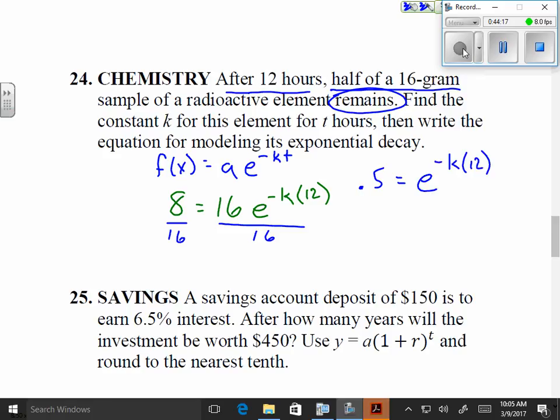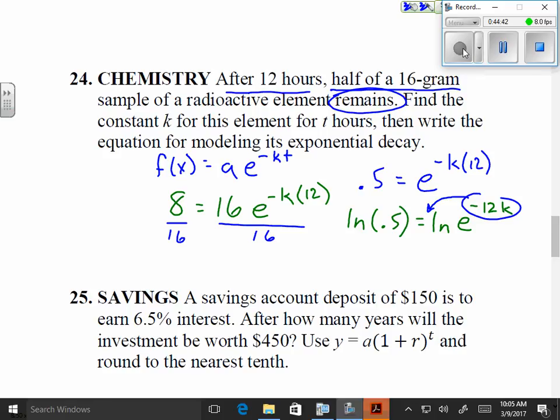If I take the natural log of both sides, the natural log of 0.5 would be equal to the natural log of e to the negative k times 12 power. And I'm going to write that as negative 12k. Then I can take that exponent and make it a coefficient.